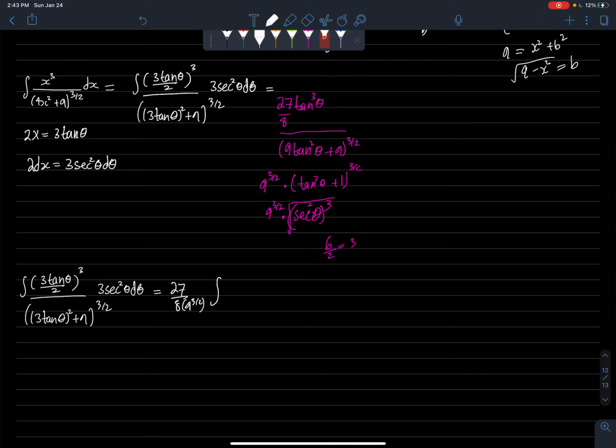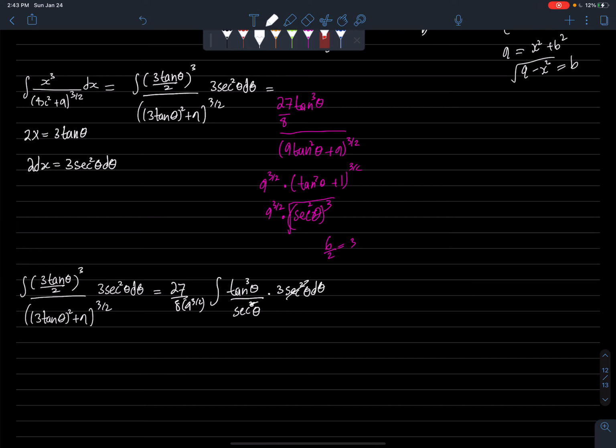Times the integral, tan cubed theta over secant cubed theta, right, times 3 secant squared theta d theta, right?